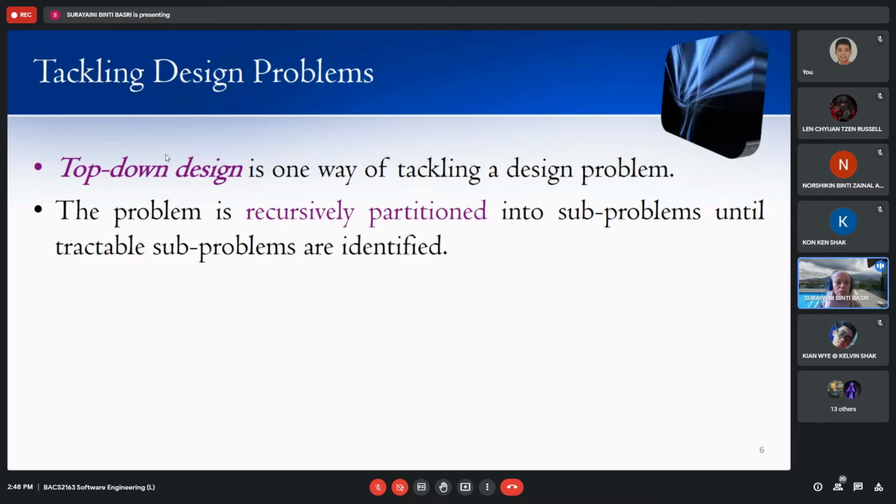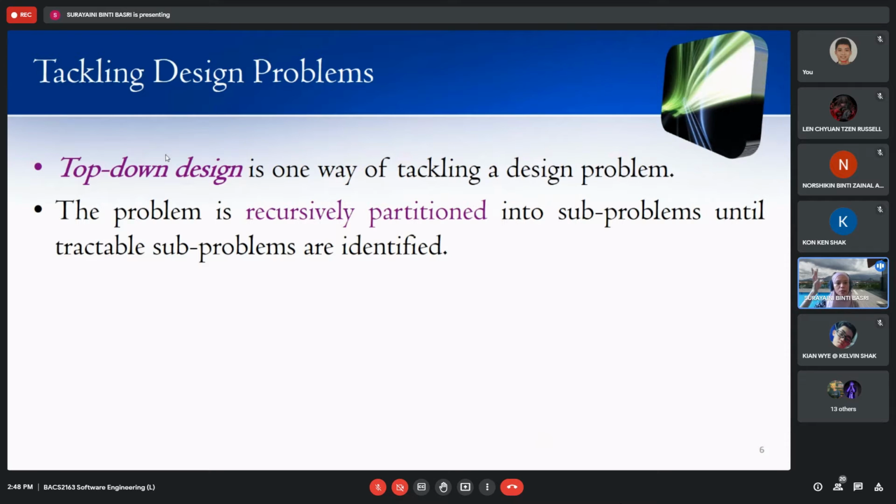The problem is recursively partitioned into sub-problems until tractable sub-problems are identified. So meaning to say that you think of the system as a whole first. Remember the top-down, we see the system as the whole first.